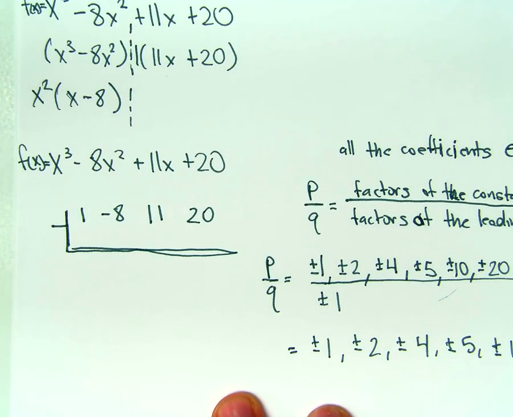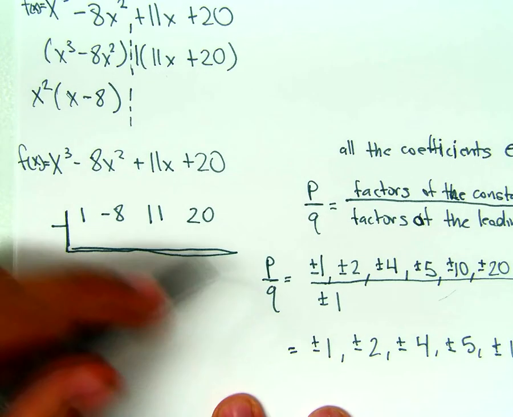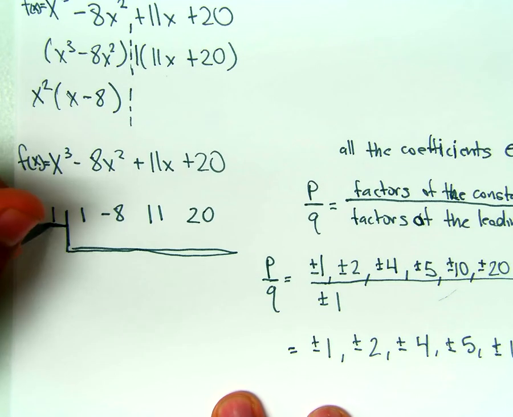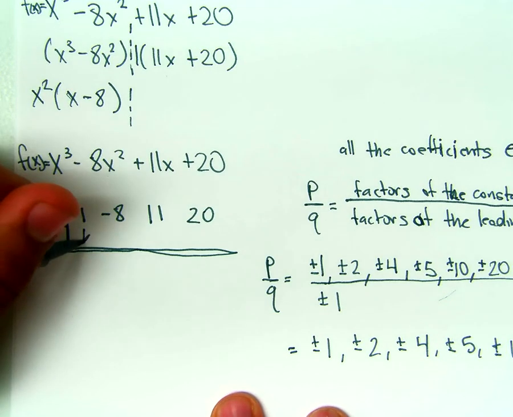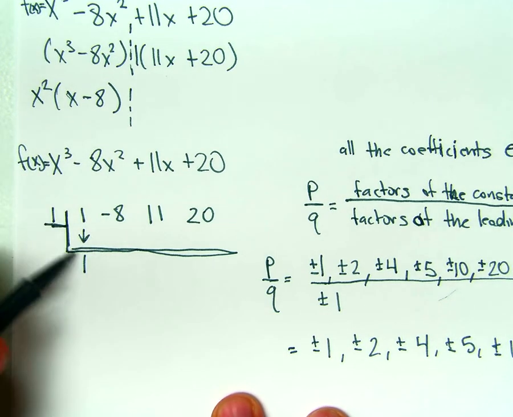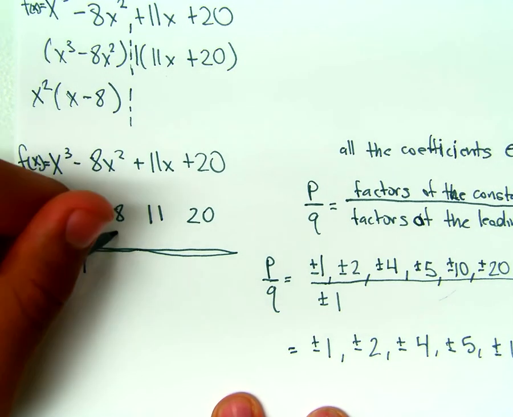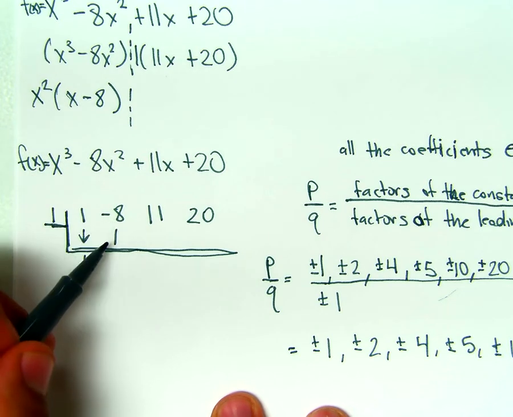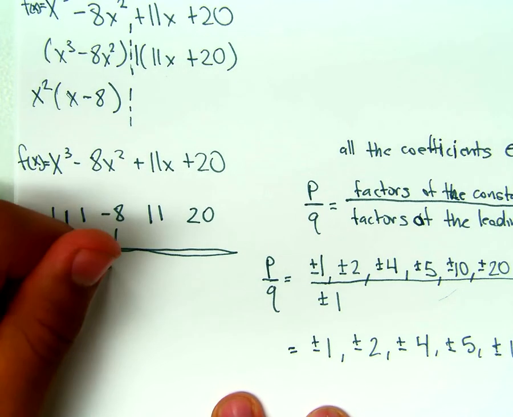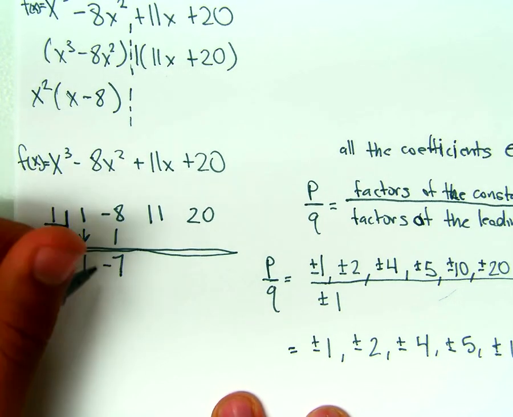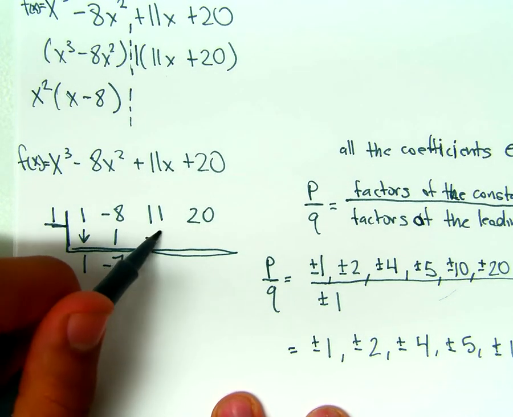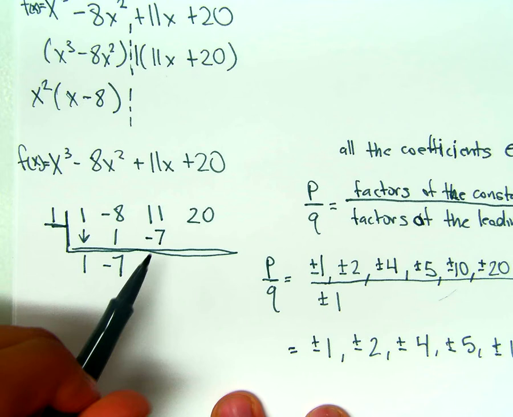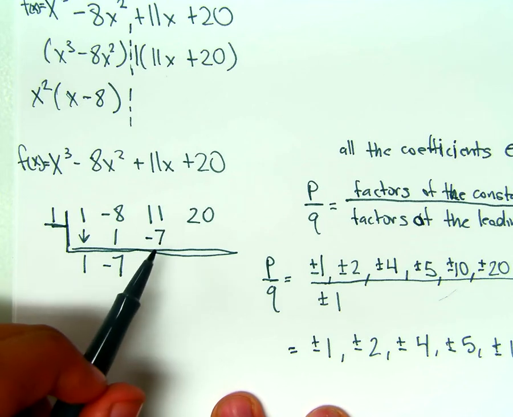Okay. And then in this box, let's test 1 first. Okay. So we're going to test 1. So we bring down the 1. Multiply. 1 times 1 is 1. Negative 8 combined with 1 is negative 7. 1 times negative 7, negative 7. 11 and negative 7 combined.